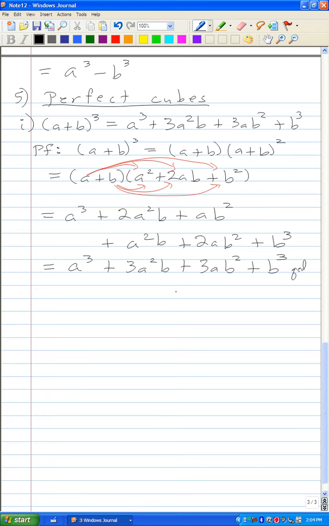Let me do the second formula. a minus b cubed is a cubed minus 3a squared b plus 3ab squared minus b cubed. And so let me derive that formula.